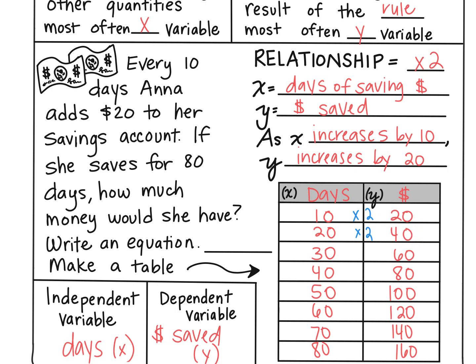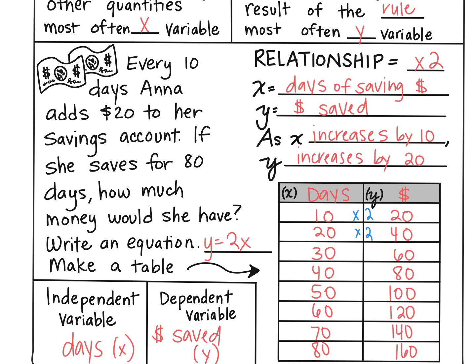So when I go to write my equation, what I'm going to be doing is I will write y equals, what does y equal? X times 2, or we would typically write it 2x. The number first, then the x. That's your equation.